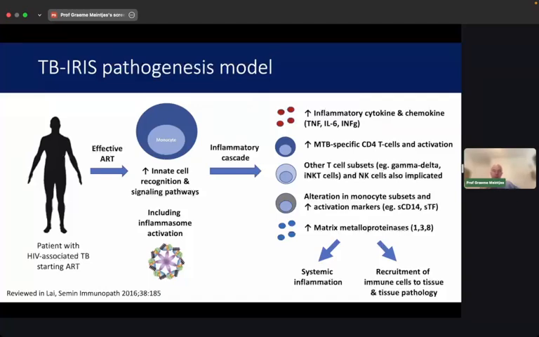We find upregulation of genes associated with that. And then that sets off a whole inflammatory cascade, which involves cytokines, CD4 T cells, other T cell subsets, monocytes and activation markers in monocytes, and drives systemic inflammation and recruitment of immune cells to the tissue and tissue pathology.